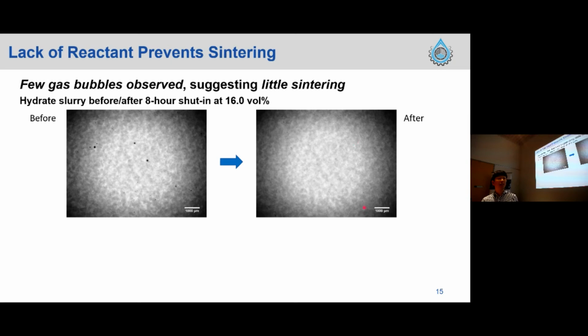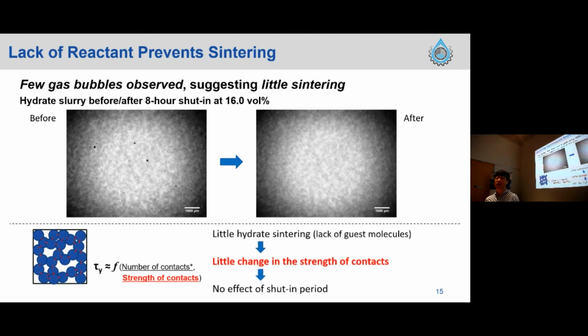In these figures, there are few gas bubbles, suggesting little hydrate sintering. Little hydrate sintering, due to the lack of gas molecules, should result in little change in the strength of contacts, and this may result in no effect of shut-in period in our results in the pure water system.